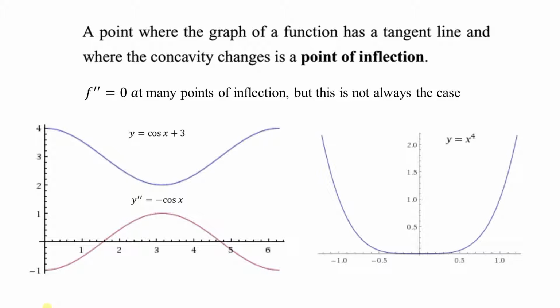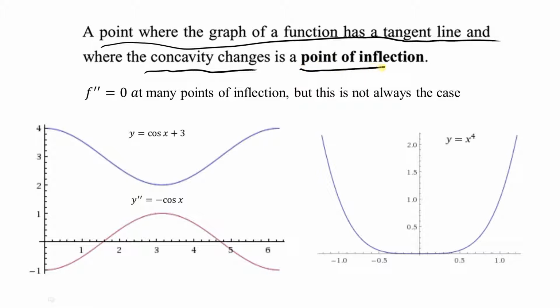Now, definition: a point where the graph of a function has a tangent line and where the concavity changes, like from up to down or from down to up, is called a point of inflection.